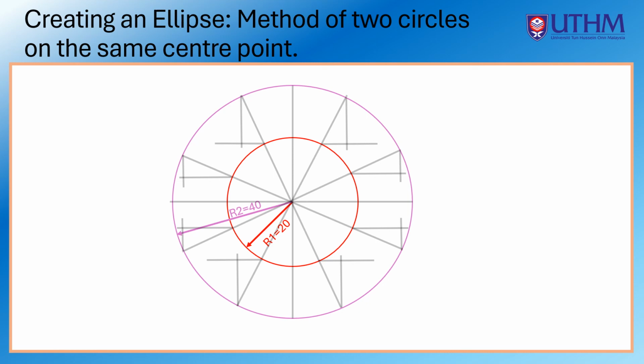The intersection of these horizontal and vertical lines is a point on the ellipse curve. Then connect these points to form an ellipse. Now you have created an ellipse by using the method of two circles on the same center point.